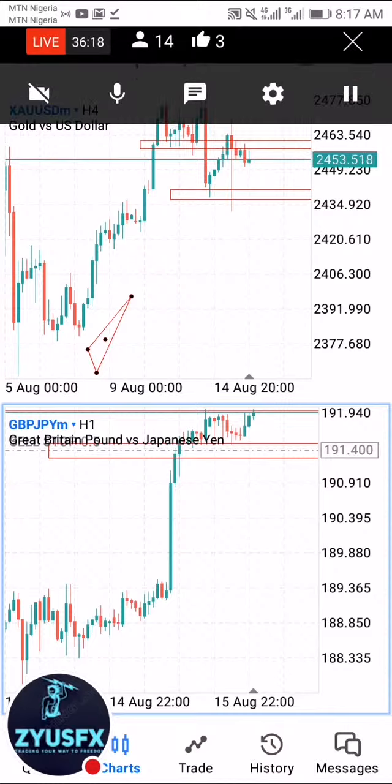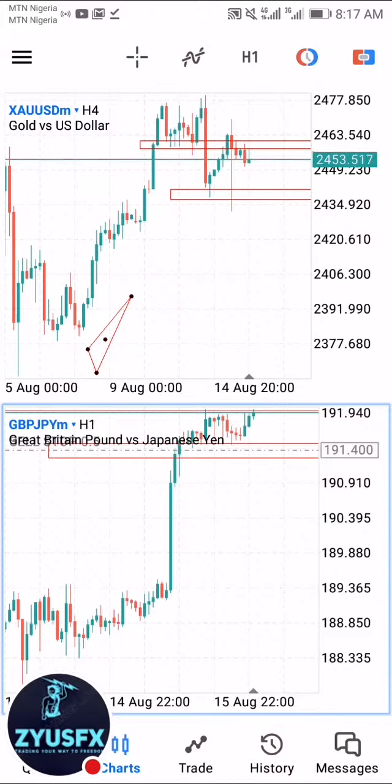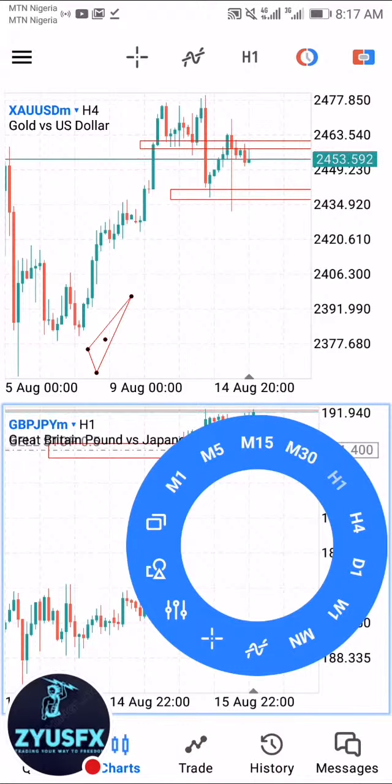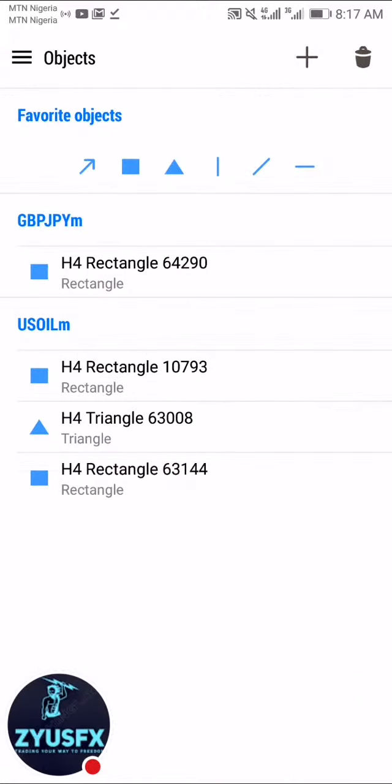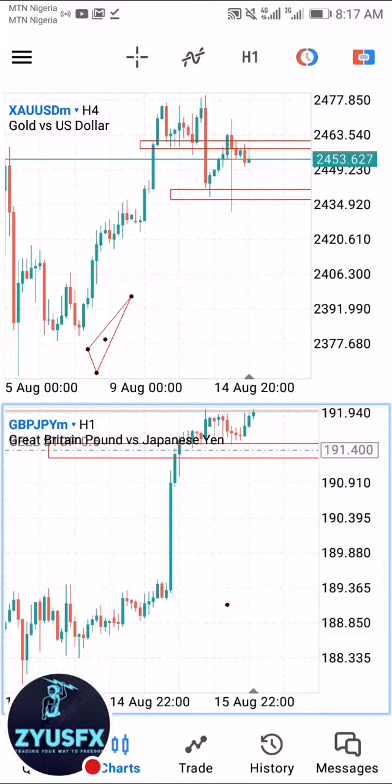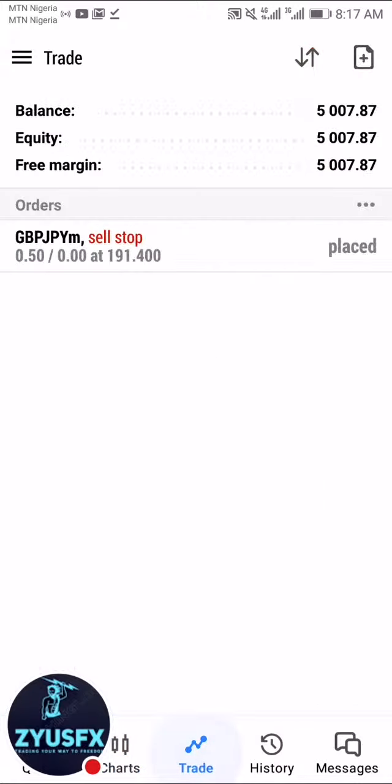So as you can see, the only time we get triggered into this trade, let me show you this. The only time we get triggered in is when price starts breaking this level, starts moving down. That's the only time we get triggered into this trade. Right now we are not in the trade.